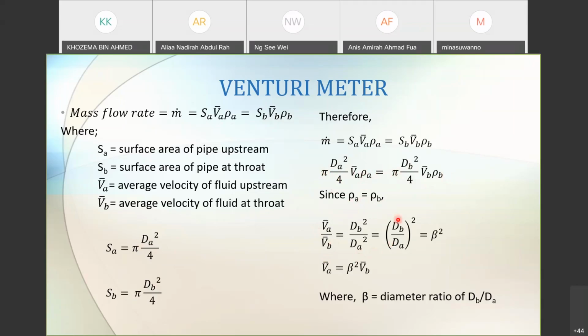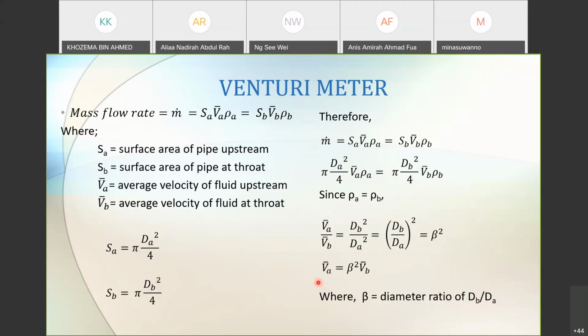And we simplify it by saying that beta here is a dimension ratio between the throat diameter and the inlet diameter. B here stands for the throat, A here stands for the inlet. So we can define VA in terms of VB. So we have VA is equal to beta squared times VB.